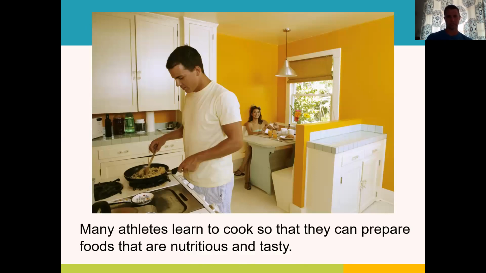Again, learning to cook is a good idea because you can make sure you get the nutrients you want in the right amounts that you want. Relying on other folks to do that is sometimes hard. Say you live at home with your parents, and your parents aren't really down with eating more nutritious, so to speak. So you're an athlete, and let's say you're having to reduce your calories. You're like, all right, I want to use more skim milk when I'm cooking. I want to go for some fat-free ingredients in here, and so on.